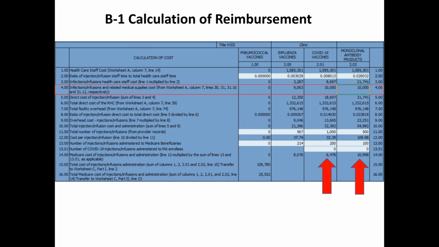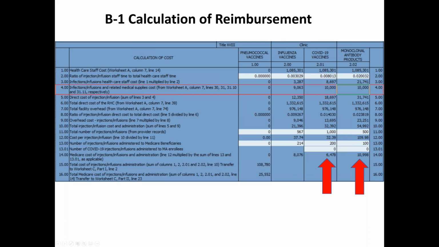Remember, if you'd have been doing this fee for service, you would have got 40 for the same thing. And same thing over here on our monoclonal antibody products. We did 500 of them. Our costs were 54,000. So our cost per injection or infusion was basically $110. So your number will probably be higher than that because your amount of time should be higher than that.